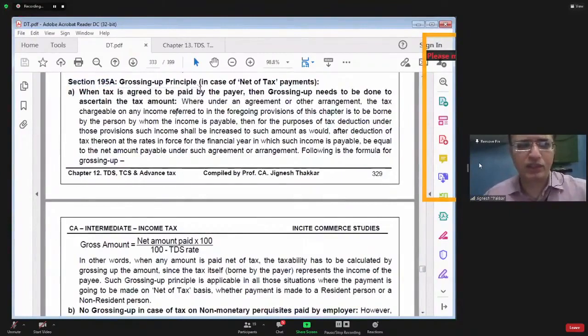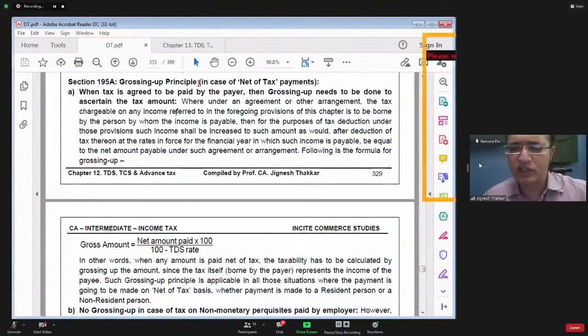Grossing up principle is applicable when the amount is paid to the payee, and it is agreed that the tax amount will be paid by the payer.